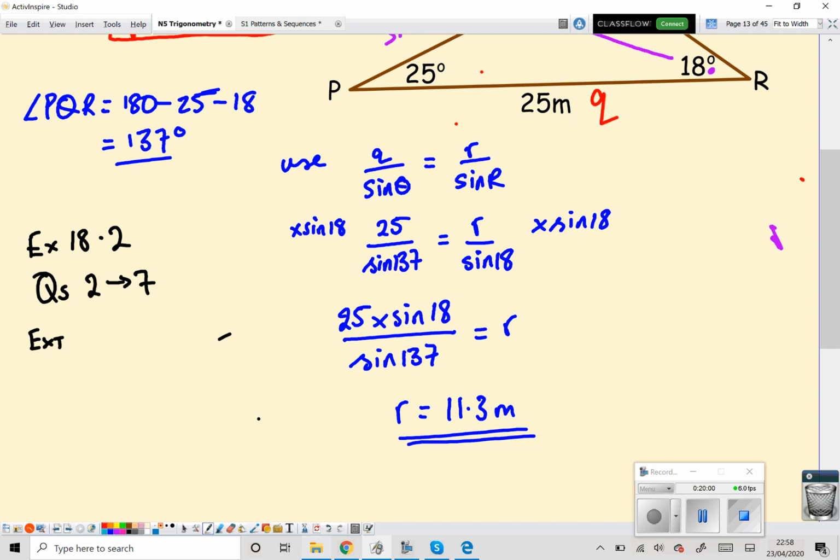As an extension task, you should try questions 8, 9, and 10. Question 10 in particular is a good one if you can remember your bearings knowledge from way back in S2. If you can't, don't worry about it too much. We're going to do a whole lesson on doing trigonometry involving bearings at the end of the unit. But they're good ones to try just now.